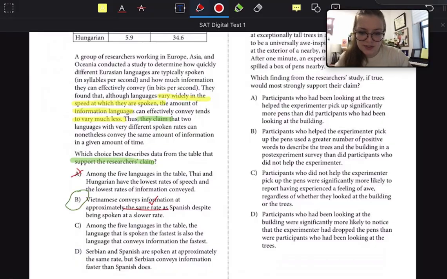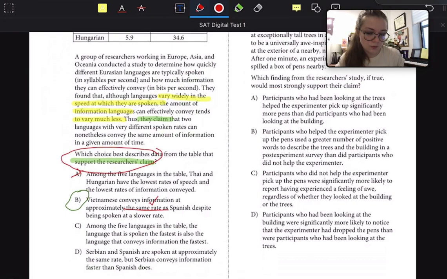Among the 5 languages in the table, the language that is spoken the fastest is also the language that conveys information the fastest. So, although this one might be factually correct, let's take another approach to try and either prove or disprove it. Let's go back to this here. What data supports the researchers' claim? Well, their claim is that different speech rates can convey the same amount of information.